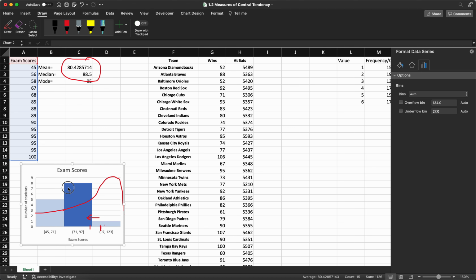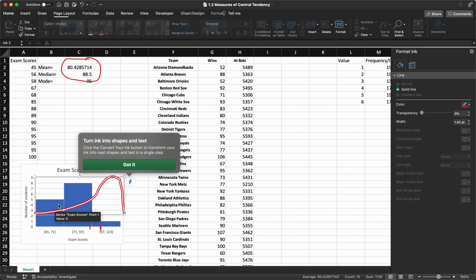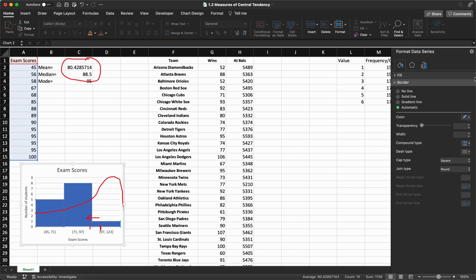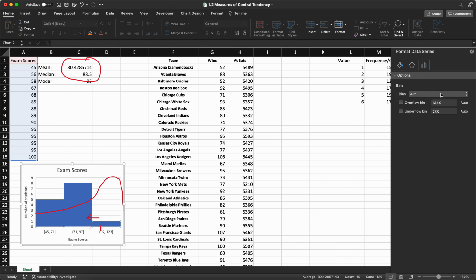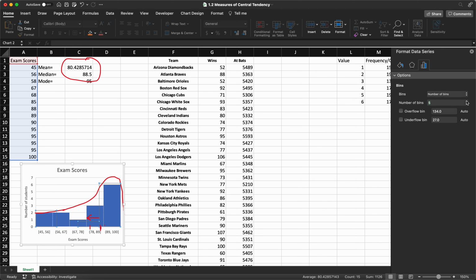So that's why it's so important to make sure that not only are you looking at the first histogram, I don't want to just trust the first histogram that Excel gives me. Instead, what I did was I found the appropriate number of bins and I just played around with it.